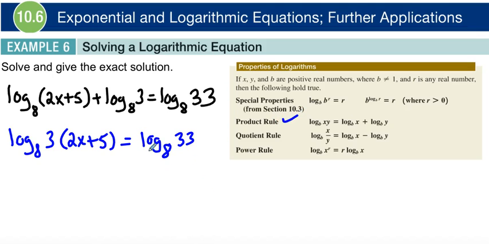Now what we have here is the log base 8 of some kind of product right here, and then log base 8 of 33. We know that when you have the log of the same thing on both sides, then you can say, oh, well, that's just 3 times 2x plus 5 is equal to 33.